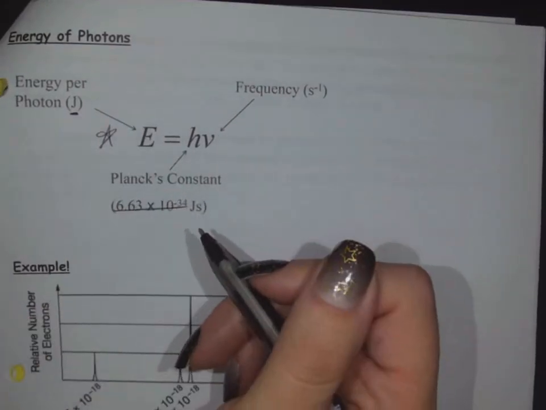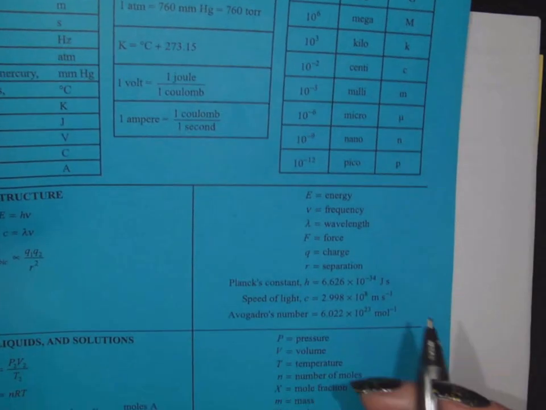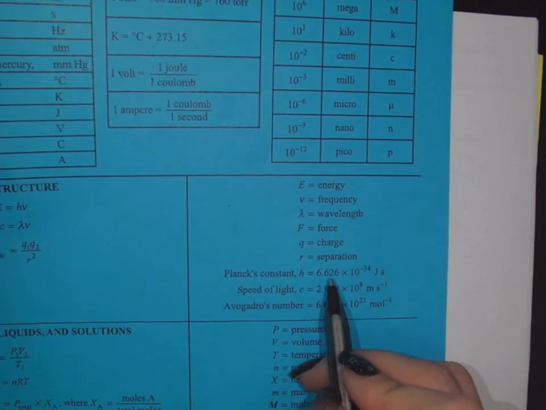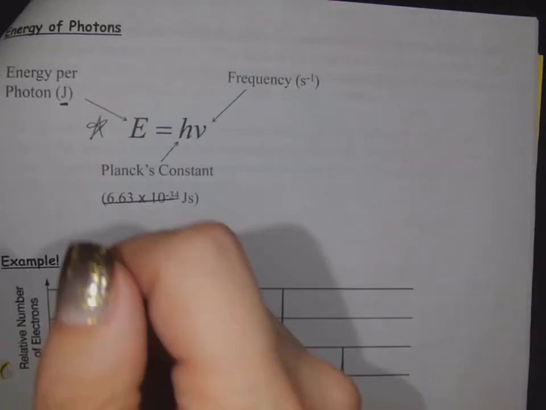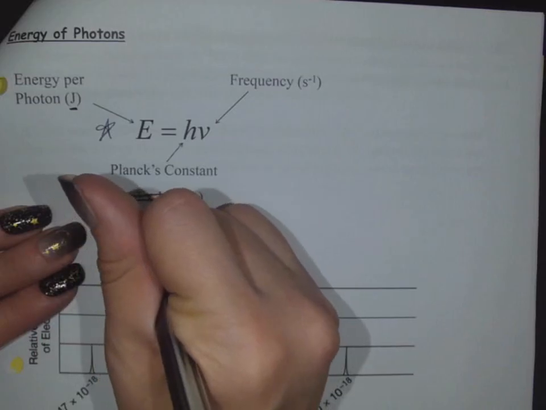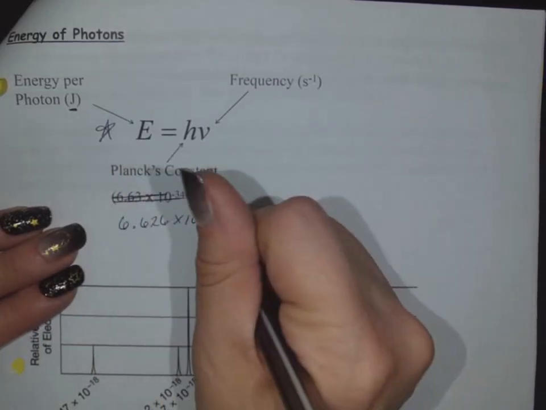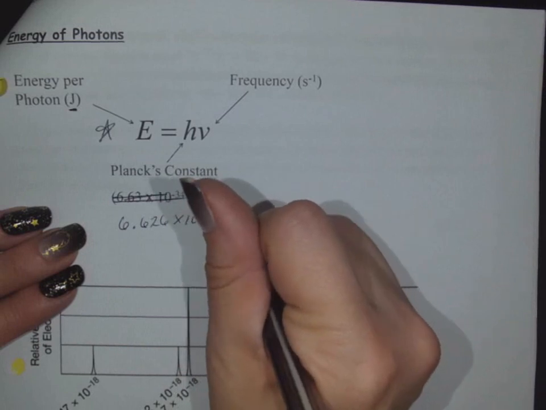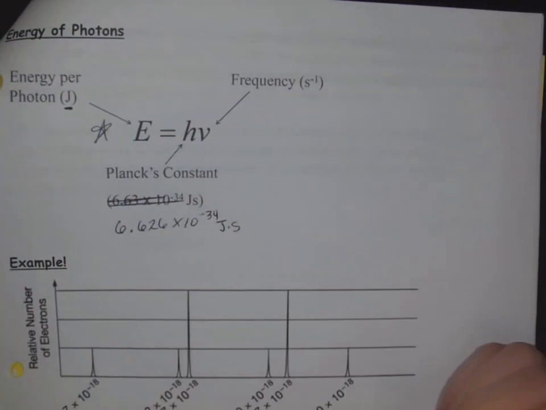Just update it, because I want you to use the number that's on your reference guide. And it's really close, but it's not quite the same. 6.626 times 10 to the negative 34 joule seconds. Great. v is frequency. Okay.